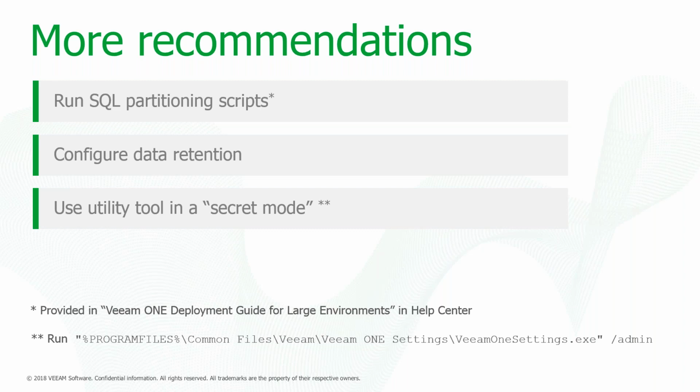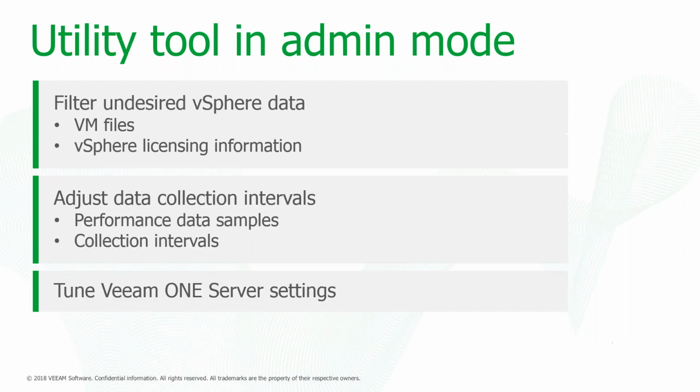But there is also another way you can access the support settings utility tool that we looked at a few minutes ago in the demo that we accessed from the GUI. There is a secret mode that gives you more access to some additional settings. Using this secret admin mode, you have the ability to change some additional settings.